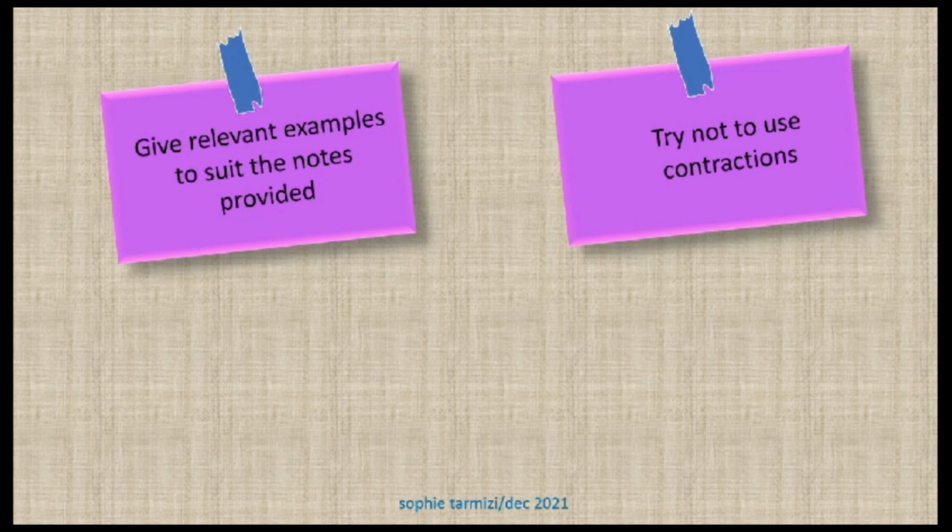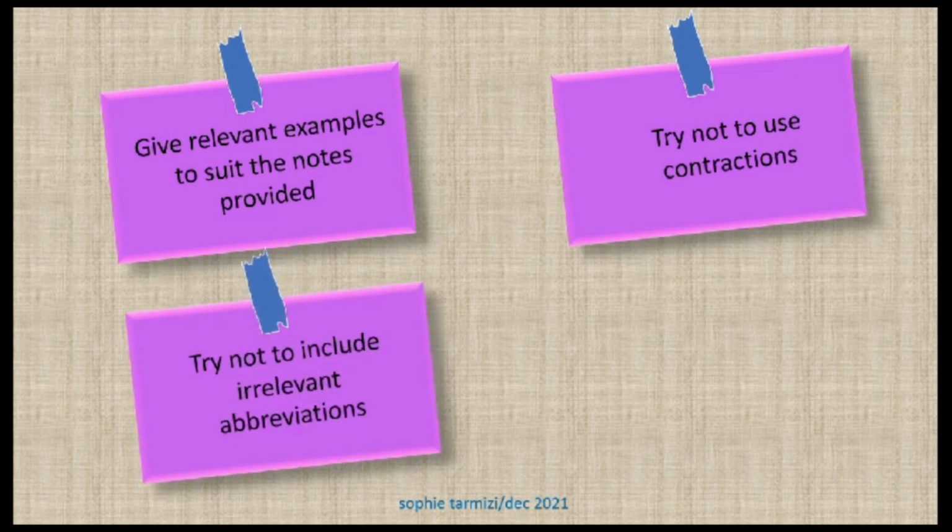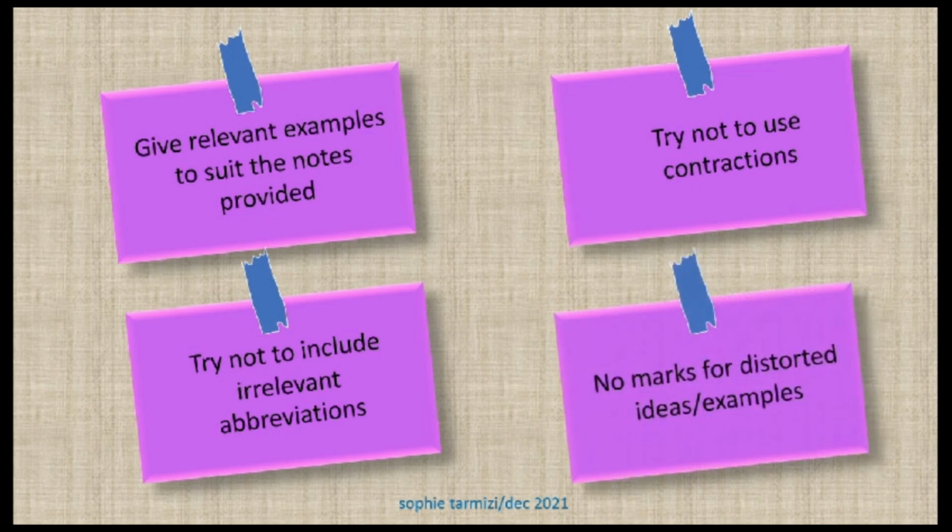Marks will not be affected that much, but you should use formal language while writing your response. Try not to include irrelevant abbreviations, FYI, ASAP, LOL, or other abbreviations. Try to refrain yourself from using trending abbreviations.